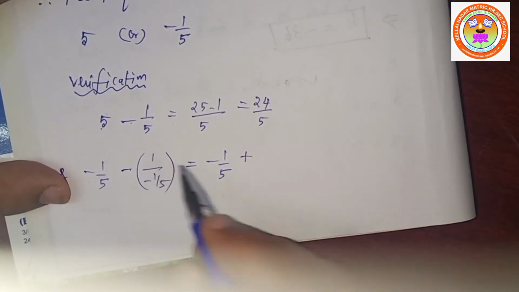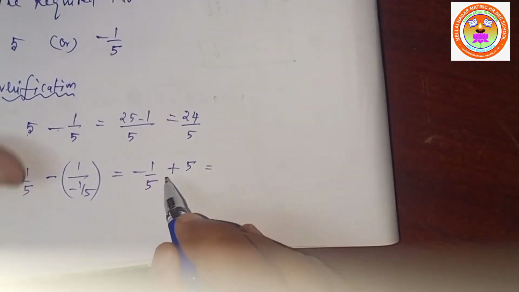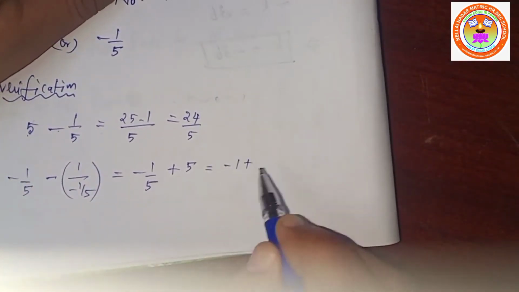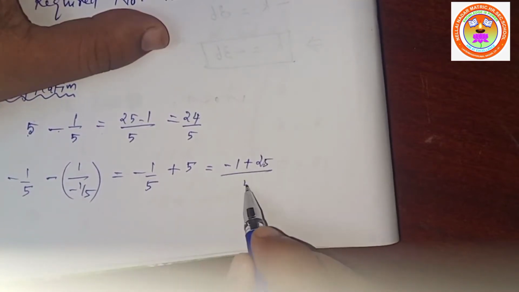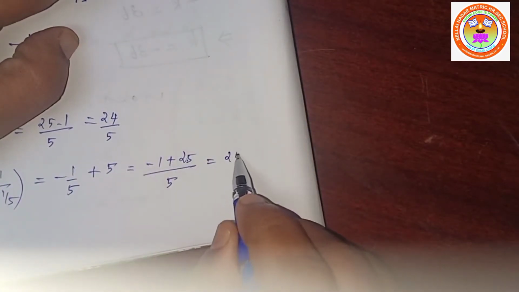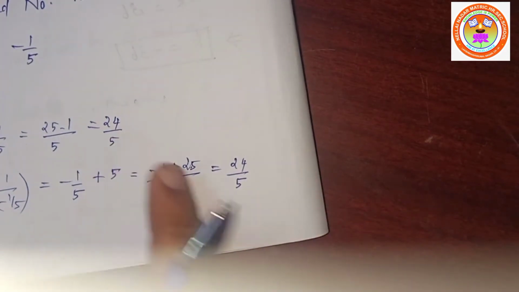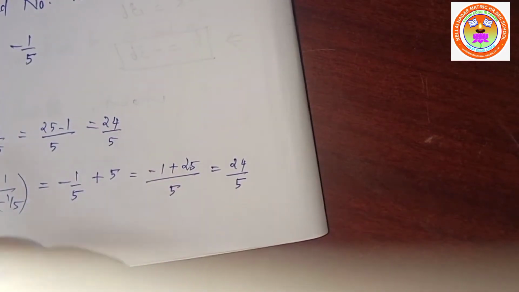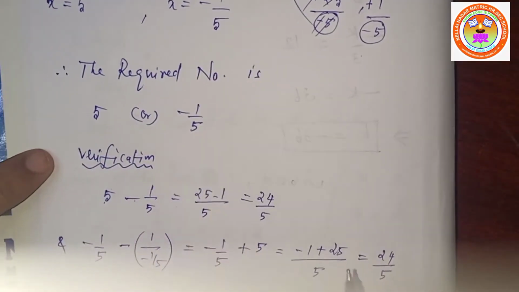In the numerator, you can write minus 1 plus 5 5s are 25, whole divided by 5. In that case also you are getting 24 divided by 5. In both the cases you are getting 24 by 5. Therefore both the answers are correct, 5 as well as minus 1 by 5.